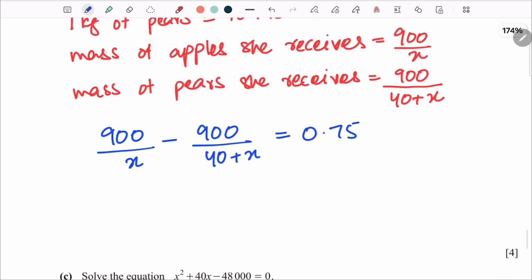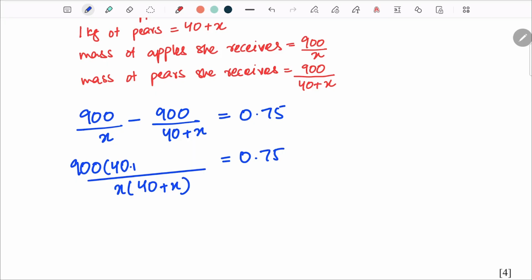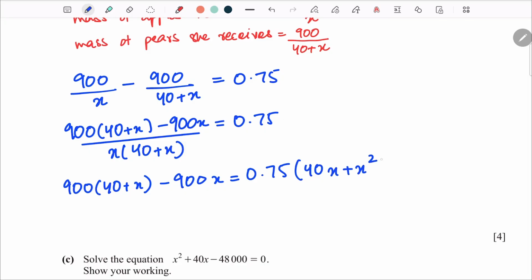Now I'm going to solve this equation. The LCM will basically be x times 40 plus x, and this is going to be 900 multiplied by 40 plus x minus 900x, equal to 0.75 times x times 40 plus x. Now I'm going to take this to the other side. 900 into 40 plus x minus 900x is equal to 0.75 multiplied by 40x plus x square, because I multiplied x with all the terms inside.